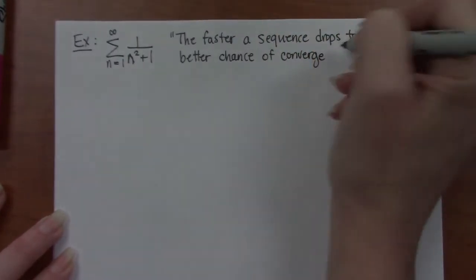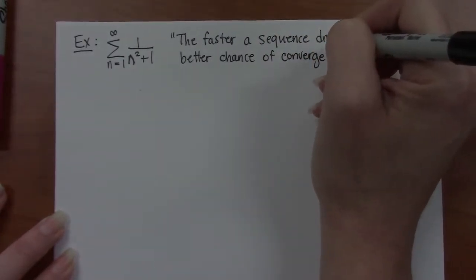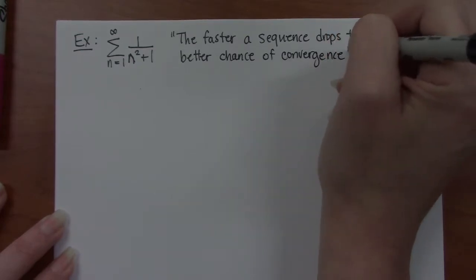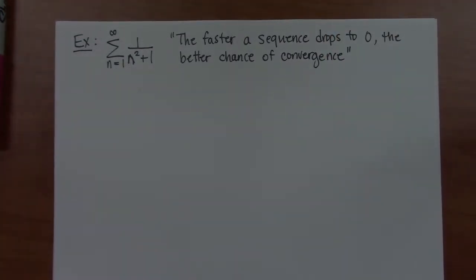So it's really the stuff in the denominator that's driving the speed it's going to get to 0, right? Because if you blow a denominator up to infinity, everything's going to end up at 0 eventually.